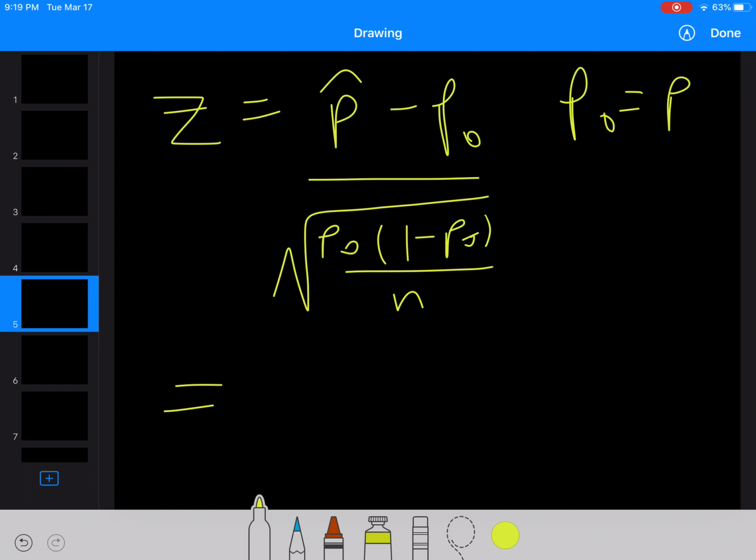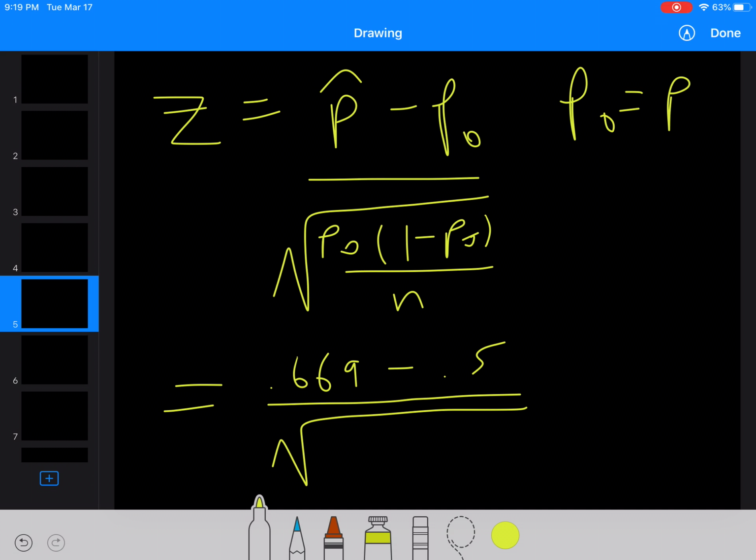So when we plug in those values, what we're going to get is 0.669, that was our p hat, minus 0.5, over the square root of 0.5 times 1 minus 0.5, which is also 0.5, over 124. And that's 3.76.